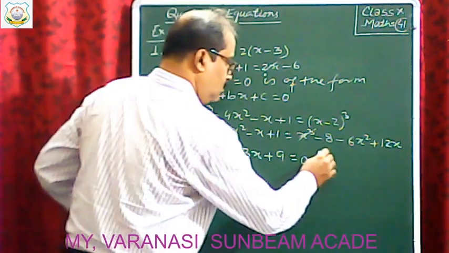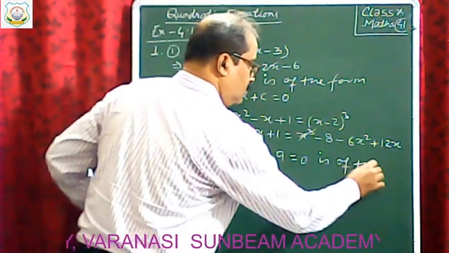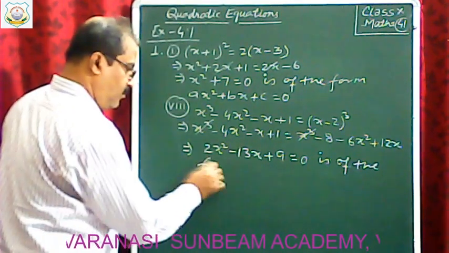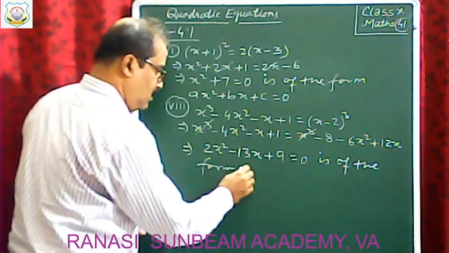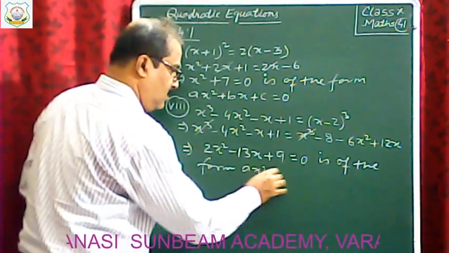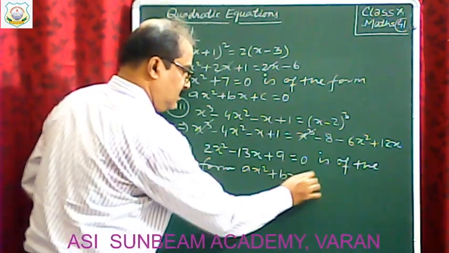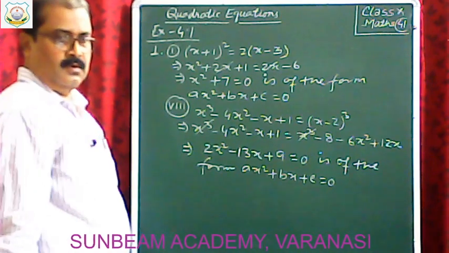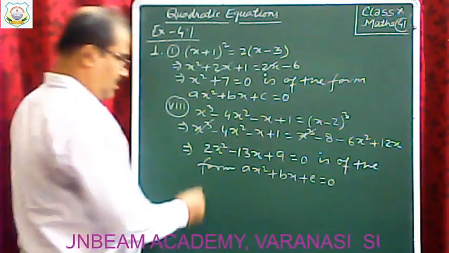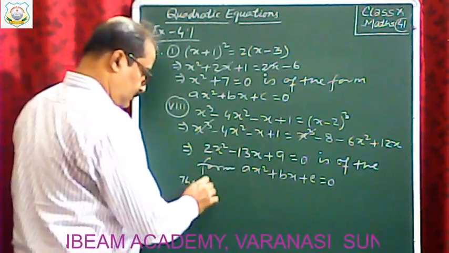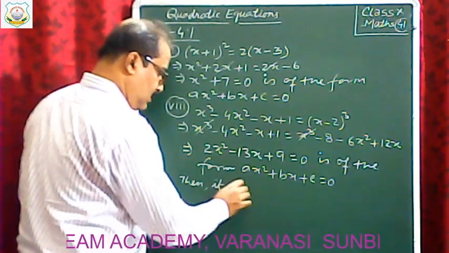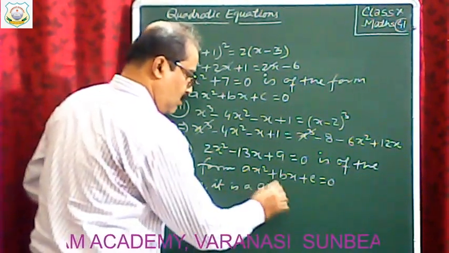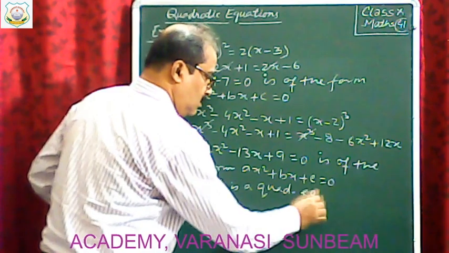It is of the form ax square plus bx plus c equal to 0. Then it is a quadratic equation.